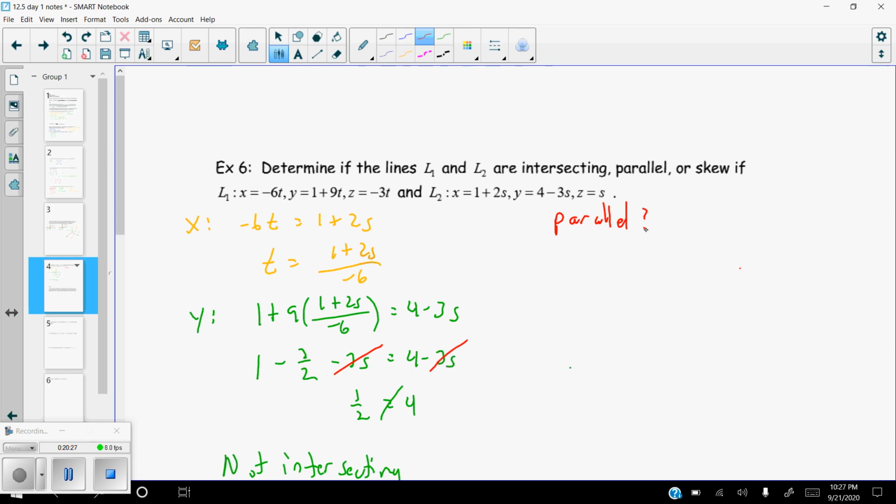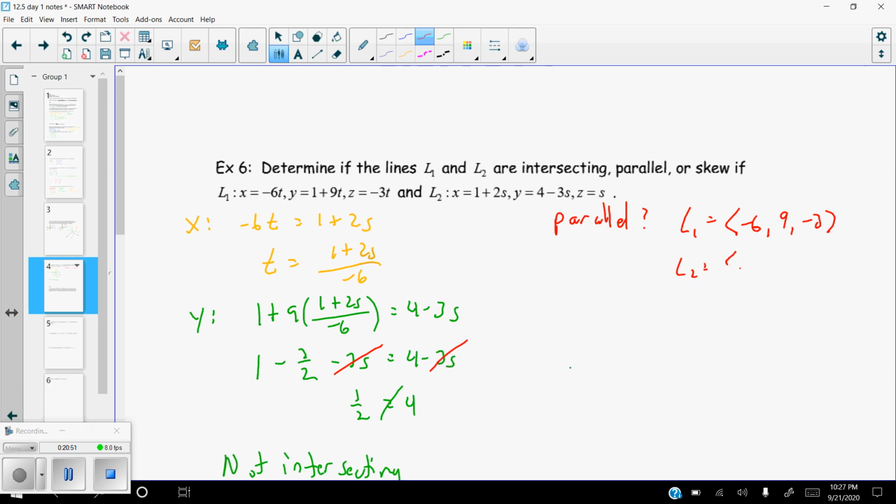Parallel is actually much easier to check because what you're looking for is really, do they have the same rate of change? So if we look at line 1, we know what the rate of change is because that comes from the part that's multiplied by the t. So line 1 has the vector (-6, 9, -3).